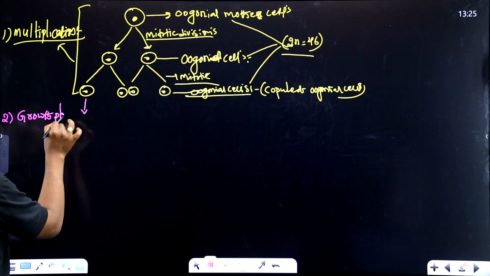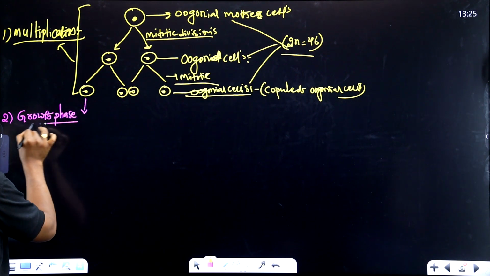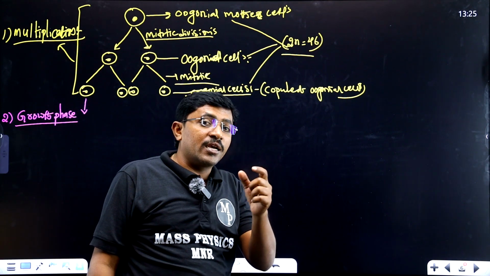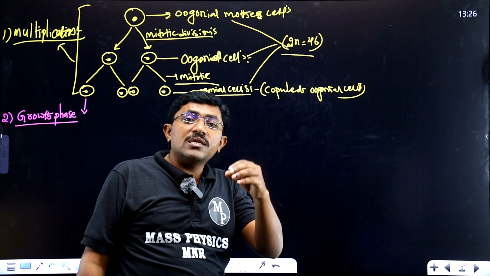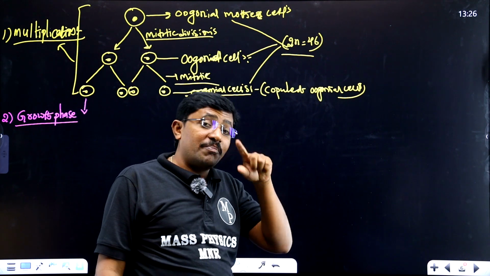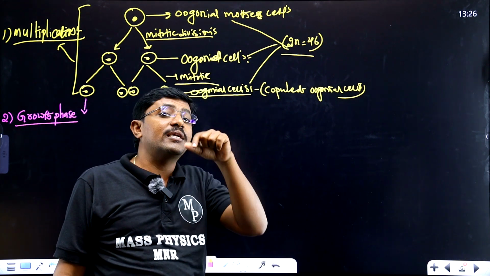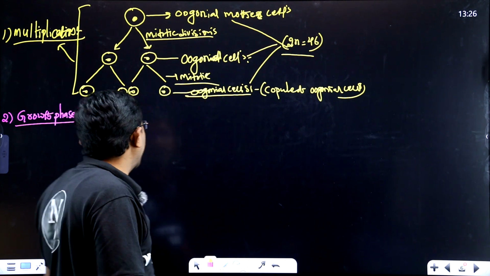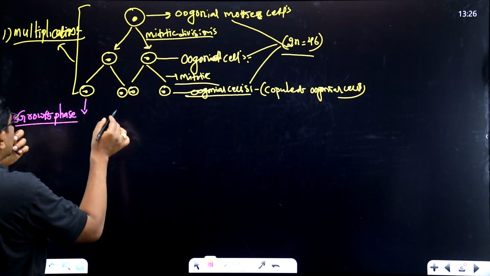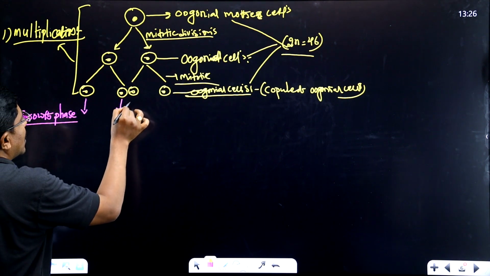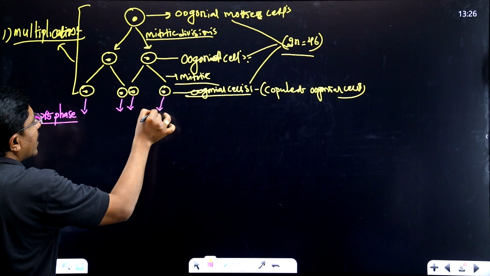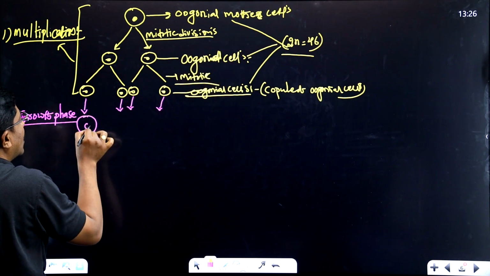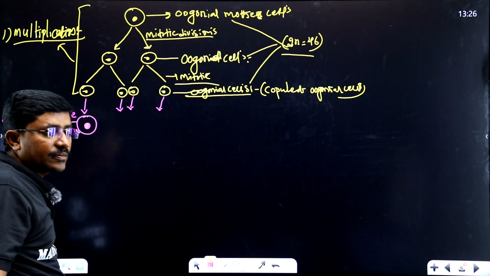I already explained clearly: growth means increasing the size of the cell by increasing the size of the chromatin inside the nucleus. Very important. These oogonial cells complete their growth phase, and the size of the cell is increased.